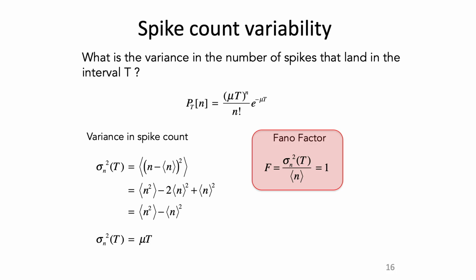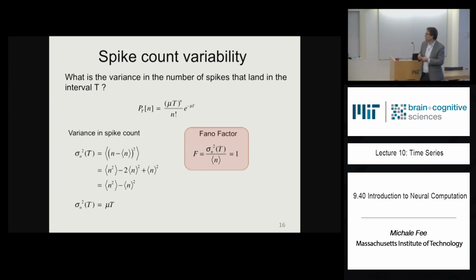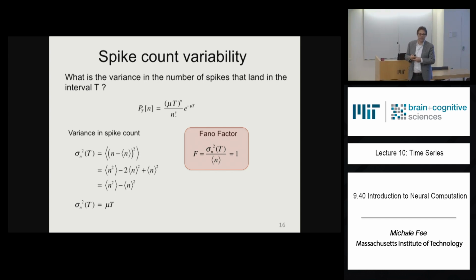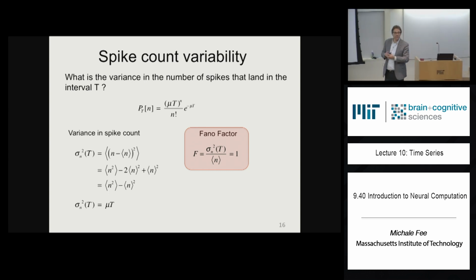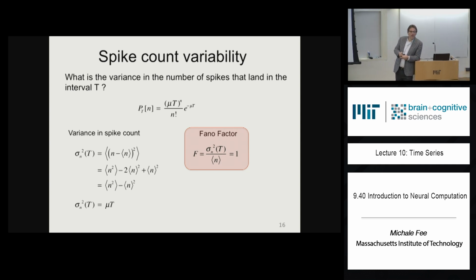So there's a quantity called the Fano Factor, which is just defined as the variance of the spike count divided by the average spike count. And for a Poisson process, the Fano Factor is 1. Okay? And what you find is that for neurons in cortex and other parts of the brain, the Fano Factor can be quite close to 1. It's usually between 1 and 1.5 or so. Okay?